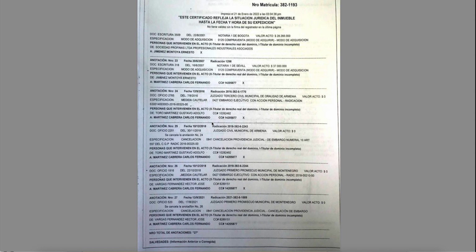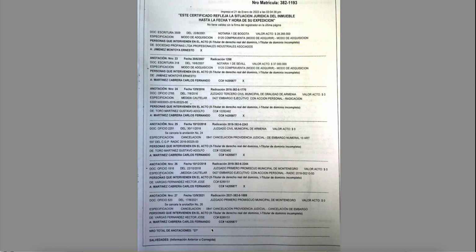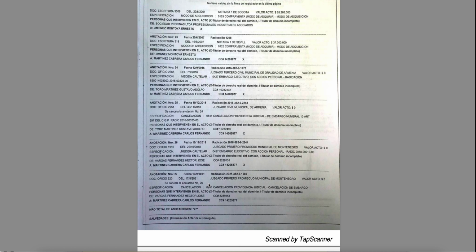For example, going back, there is a tip. The second tip is that you have to match one annotation to the other. One annotation has to close the one that is having the lien. In this case, this was the last one.